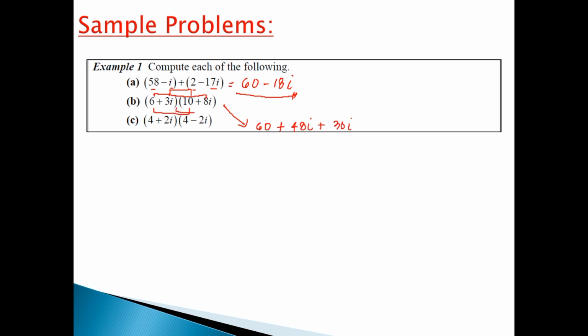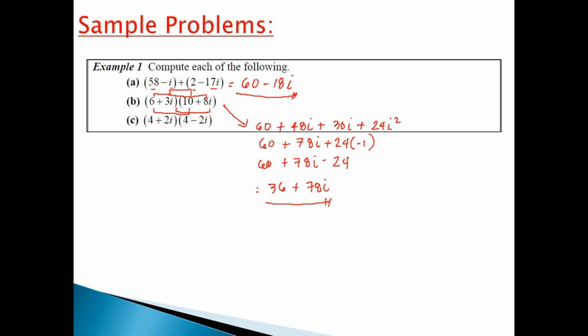And last, we have 3i times 8i, which is equal to 24i squared. So this will be 60 plus 78i plus 24 times negative 1, that is 60 plus 78i minus 24, and that's equal to 36 plus 78i.